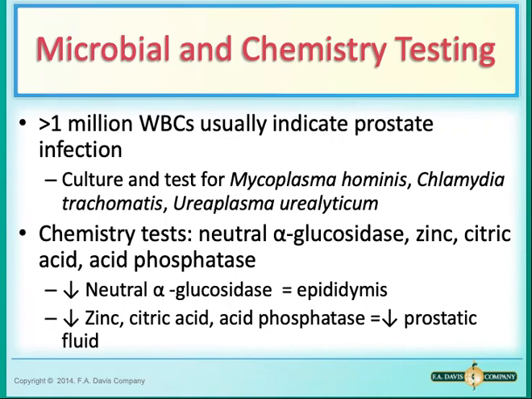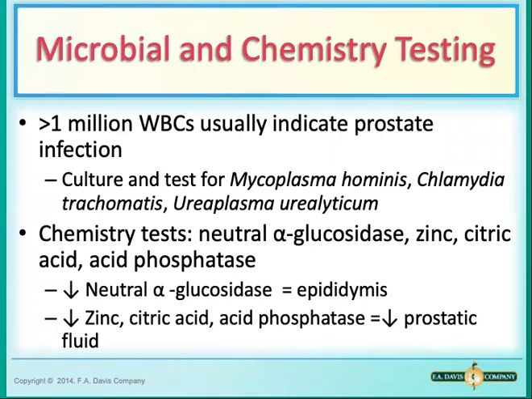We could also do chemical testing on semen, and that can include the levels of neutral alpha glucosidase, free L-carnitine, glycerophosphocholine, zinc, citric acid, gamma-glutamyl transpeptidase, and prostatic acid phosphatase.